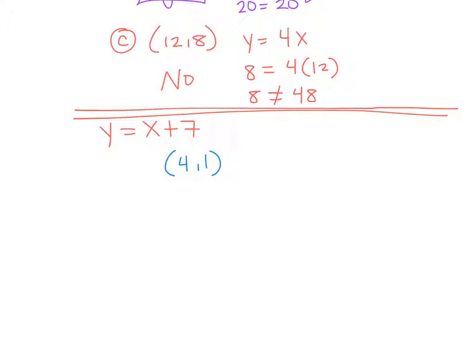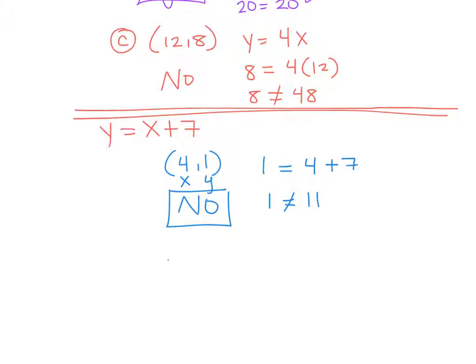When you plug it in, which one's your x? X is 4, y is 1. So when I plug that in, I get 1 equals 4 plus 7. Well, when I solve that, I get 1 equals 11, which it does not. So is that a solution? That would be no.